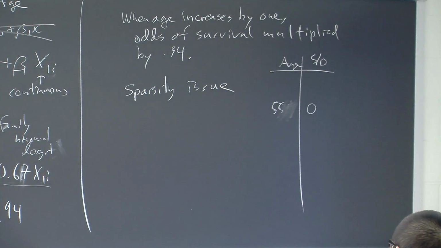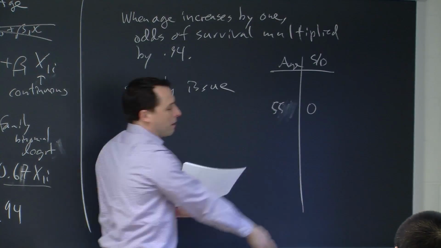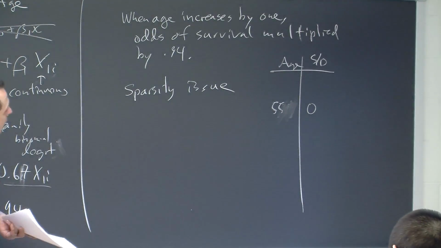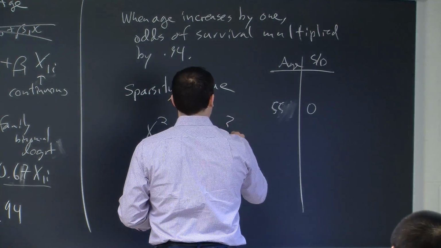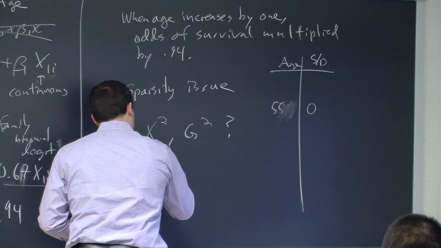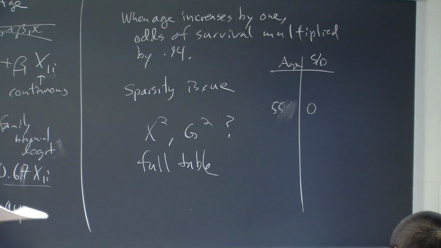Well, it means that if I take literally the idea that I should think of age as a categorical variable, and I try to compute the degrees of freedom for this thing, and I try to compute an X squared or a G squared for the full table, that's going to be nonsense, right?